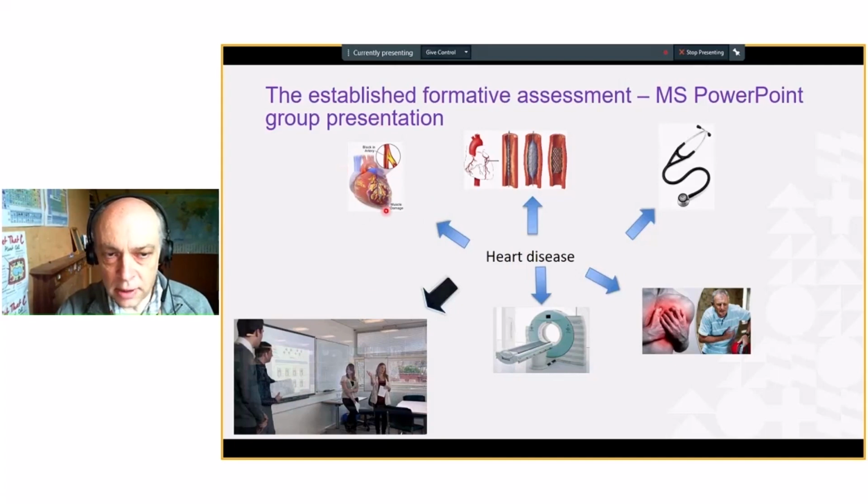They were to look at the etiology of heart disease, coronary artery disease, how it happens, how we can diagnose it here using a stethoscope, but also, particularly important for my purposes, how we use technology to diagnose the disease. This is a CT scanner, computer tomography scanner. And of course, the symptoms of heart disease, angina here, building this together to give a very good appreciation of heart disease.